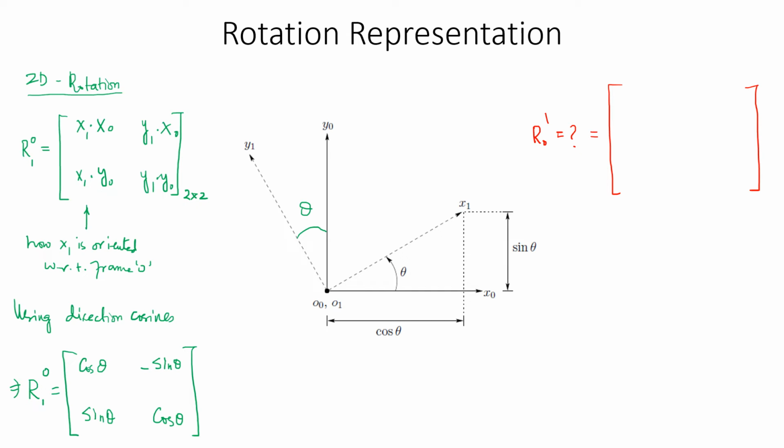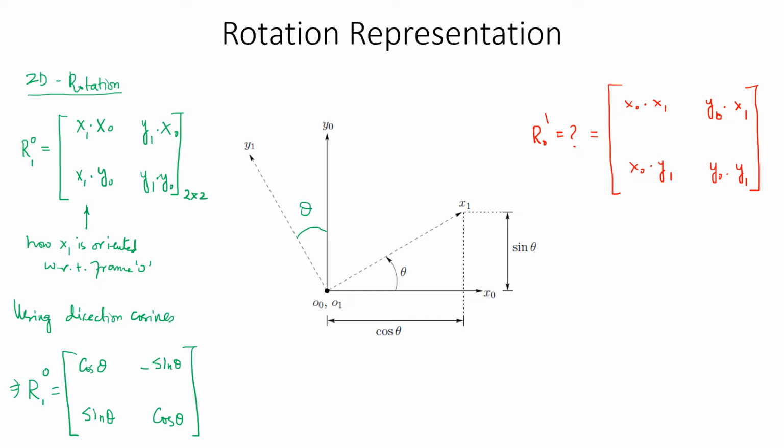In that case, now you have x0 axis dot produced with x1 and x0 axis dot produced with y1. So this first column is going to define how x0 axis is oriented with respect to frame 1 now. And similarly, you can write down y0 dot x1 over here and y0 dot y1 over here.